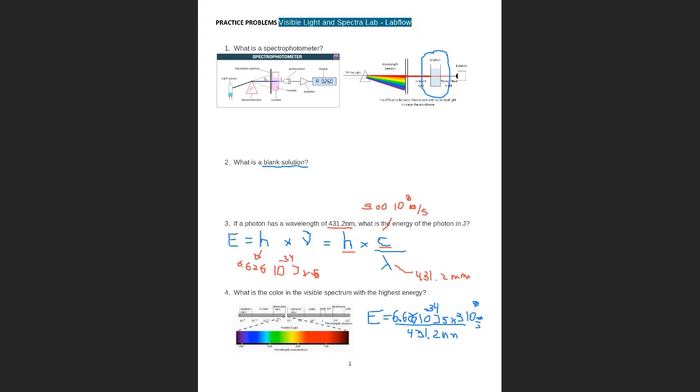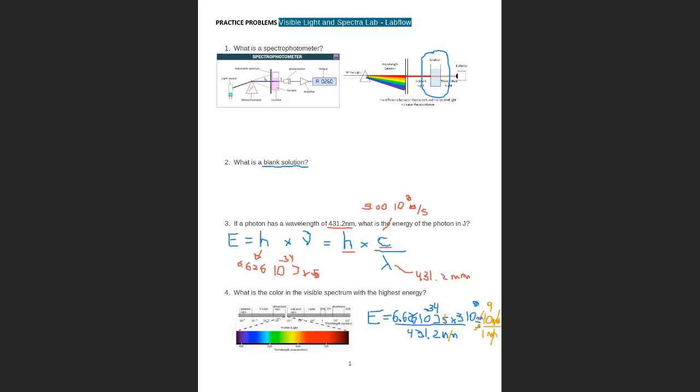and we need to use the conversion factor. I will do it in a different color because we have very little space. And what is the conversion factor? 10 raised to the 9th nanometers per 1 meter. And then the nanometers cancel with the nanometers, the meters cancel with the meters, and the seconds cancel with the seconds, and my units are going to be in joules.